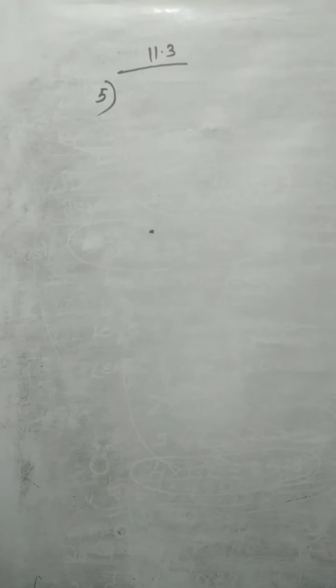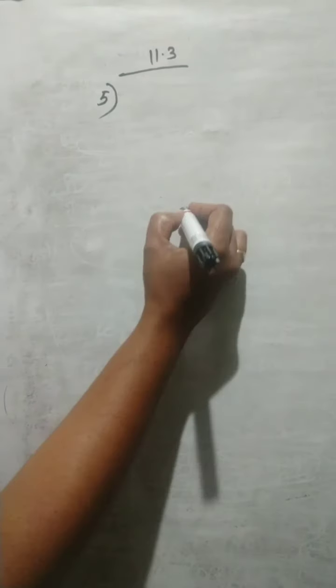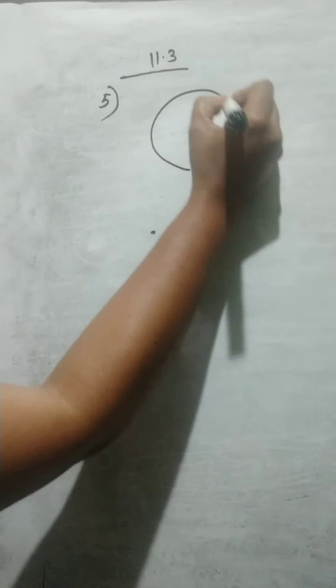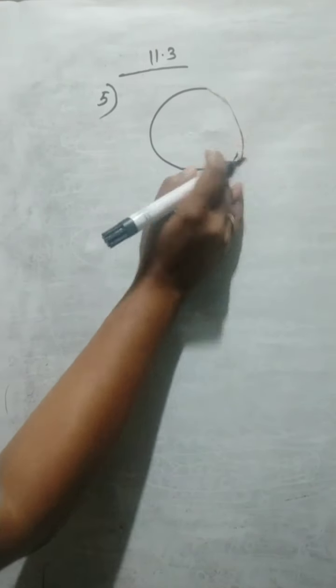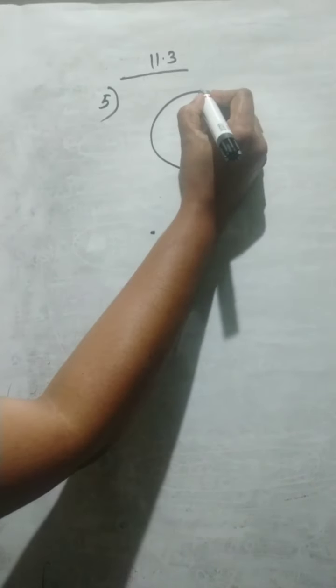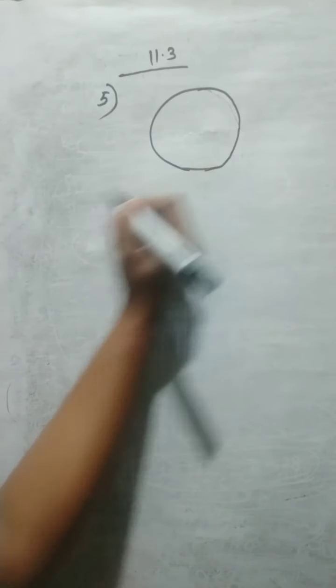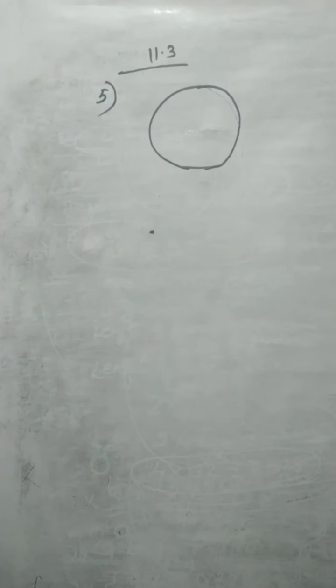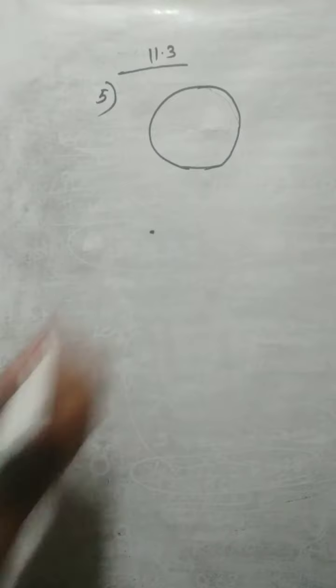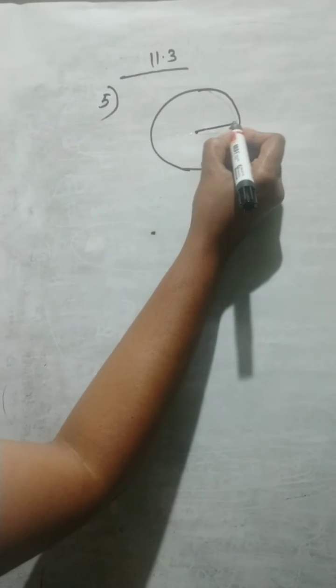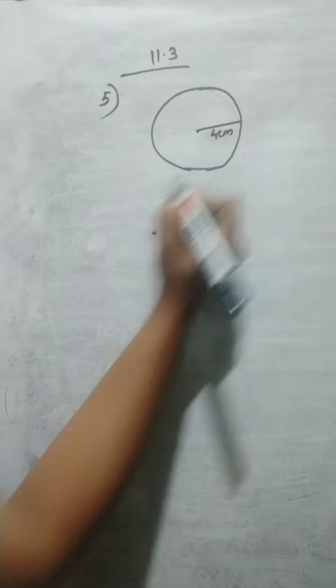Next question is, from a circular sheet of radius 4 centimeters. That is, there is a sheet in the shape of a circle. The radius of this sheet is equal to 4 centimeters.